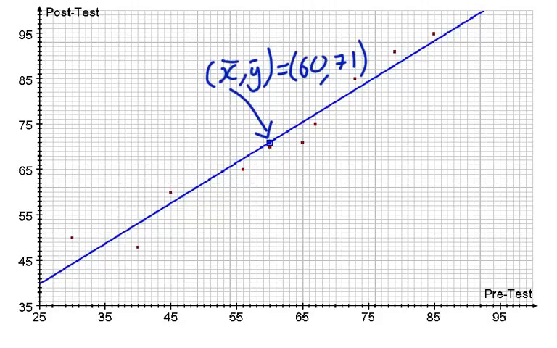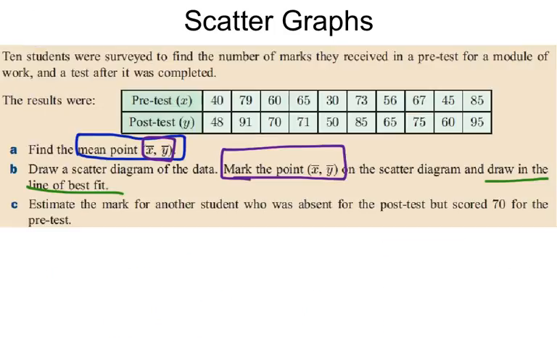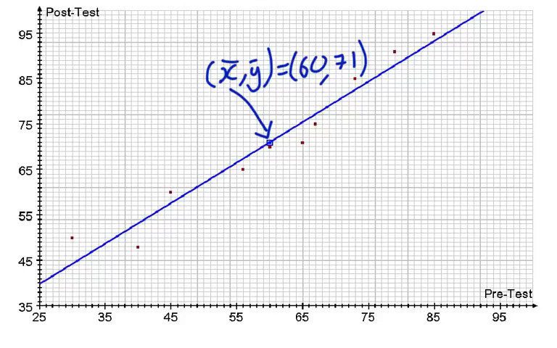Now the final part of the question, if we go back to it, was to estimate the mark for another student who was absent for the post-test but scored 70 in the pre-test. So we go back to our graph, and if they scored 70 in the pre-test, we find 70 along the bottom, which is there.